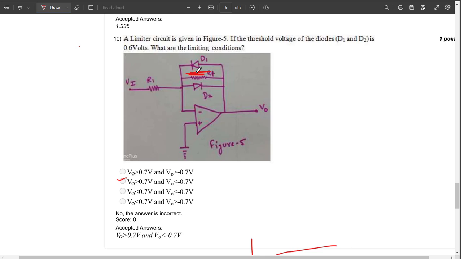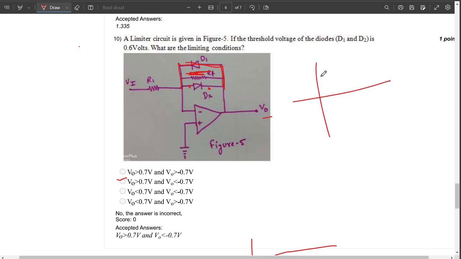The diode D1 starts conducting, because now diode D1 is forward biased. So this one starts conducting, and this one is reverse biased, so it is an open circuit. But this starts conducting, which means it is again a short circuit, so VO is equal to 0 again.